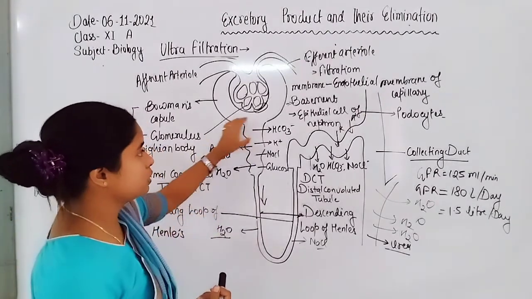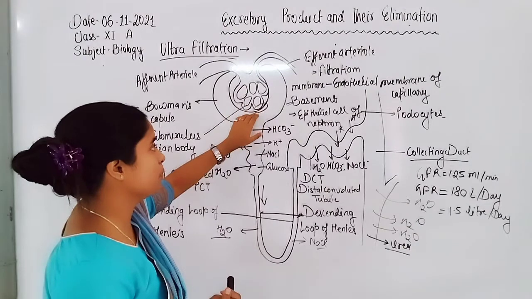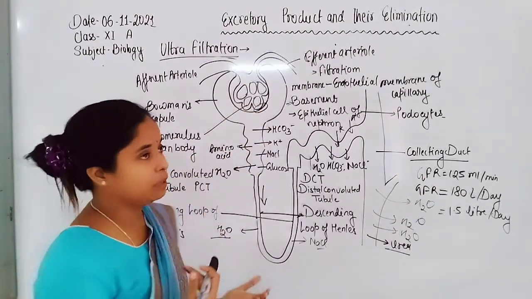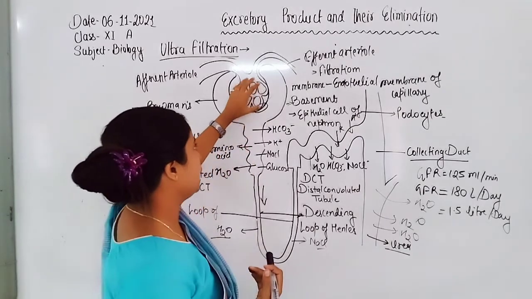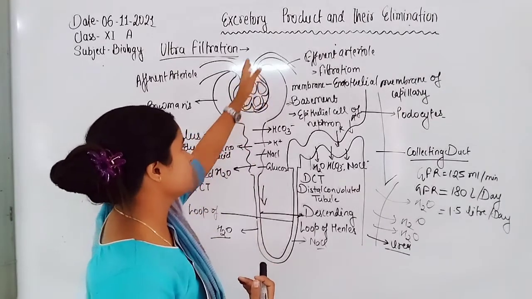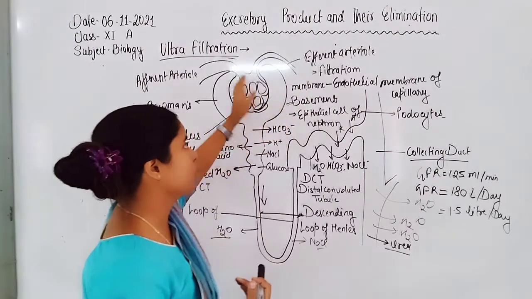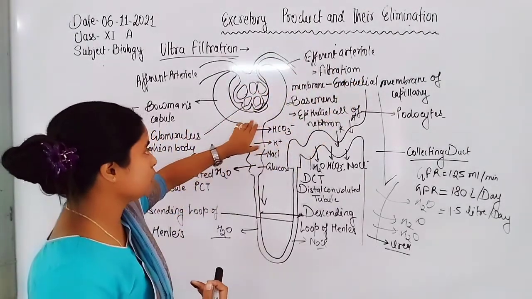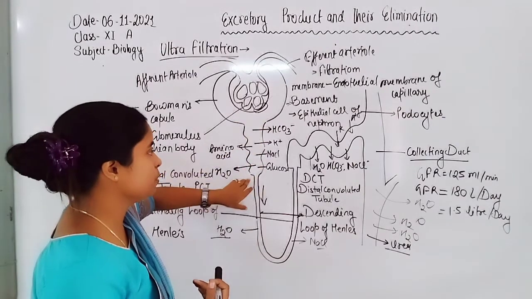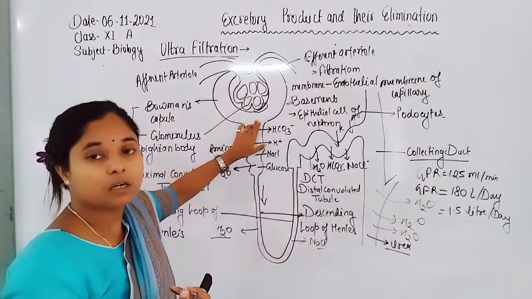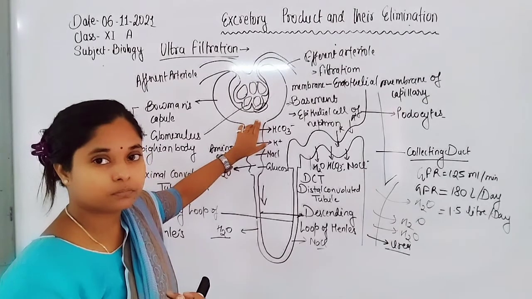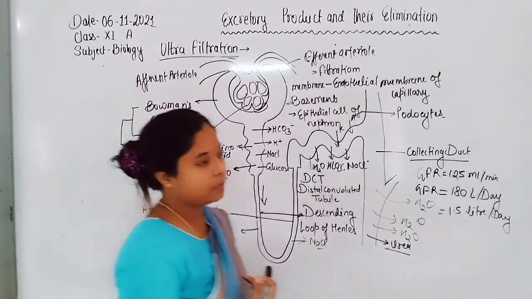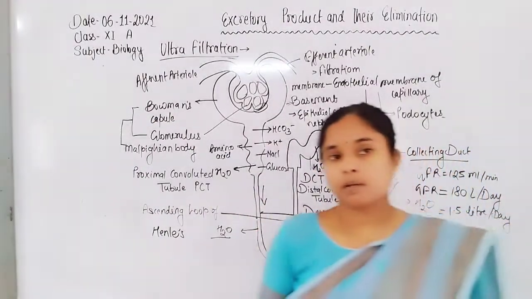All the constituents transfer into the Bowman capsule except some larger components like protein and blood corpuscles. The blood corpuscles transfer into the efferent arteriole and continue into the blood circulatory system, whereas the filtrate transfers into the PCT except the protein.